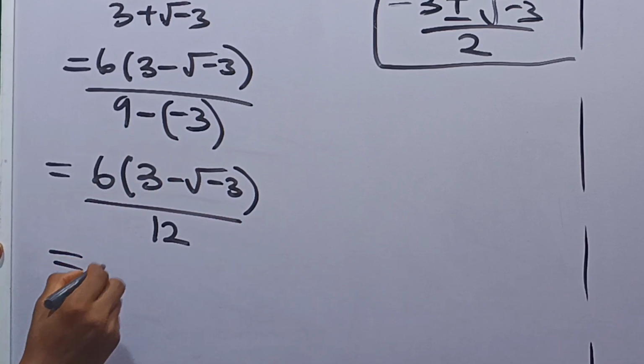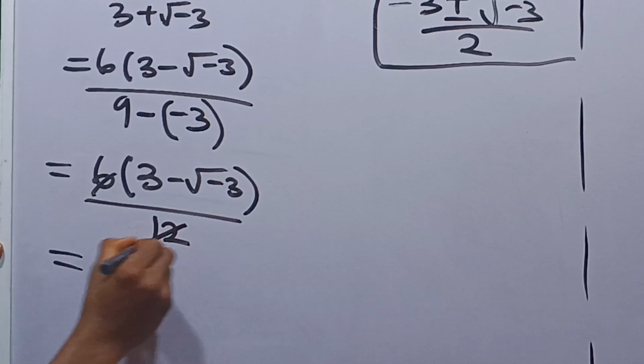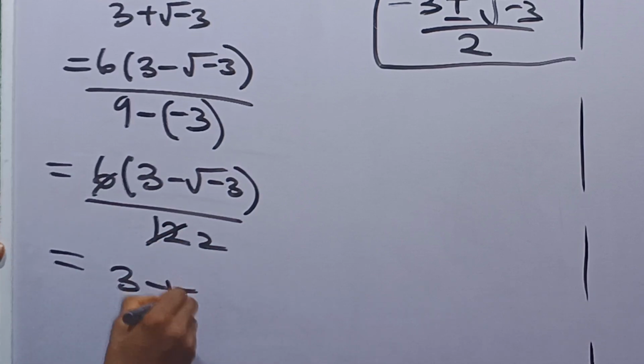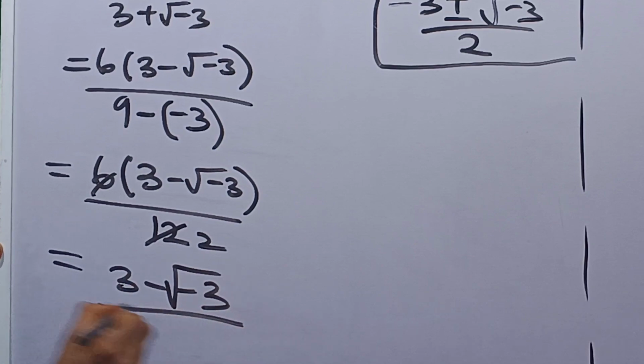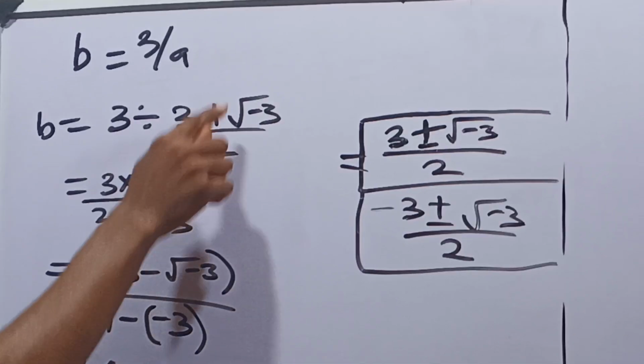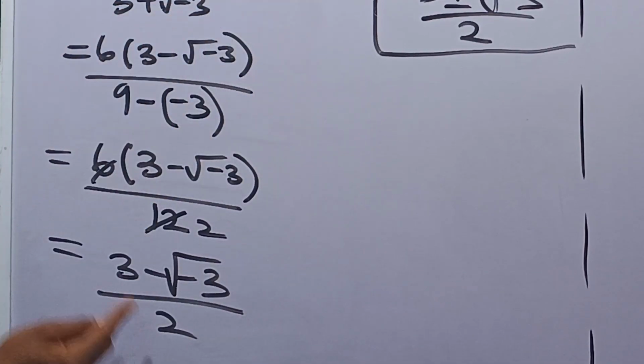Now this becomes equal to 6 here is 1, 6 here is 2. We have 3 minus root of negative 3, all over 2. Alright, so when a is equal to 3 plus root of negative 3 over 2, b is equal to 3 minus root of negative 3 over 2.